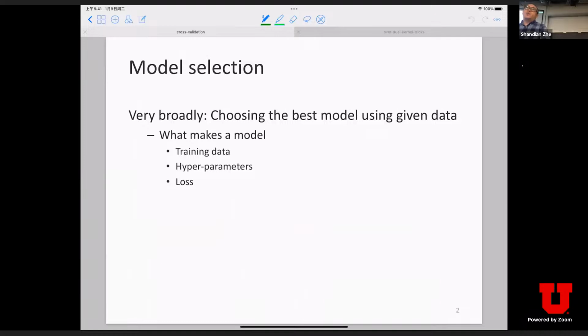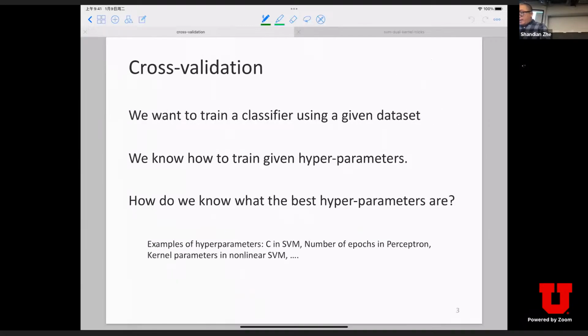How do you decide which model is the best, given that you cannot really evaluate the generalization performance? Because you cannot compute the expectation of the error under data sampled from some unknown distribution. You cannot collect an infinite amount of data, and what you have is just a finite set of training data. How can you do that?